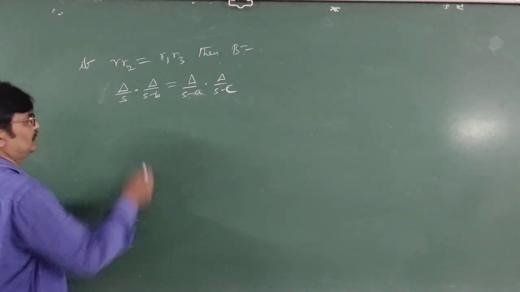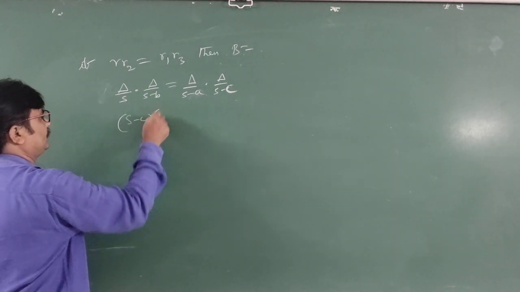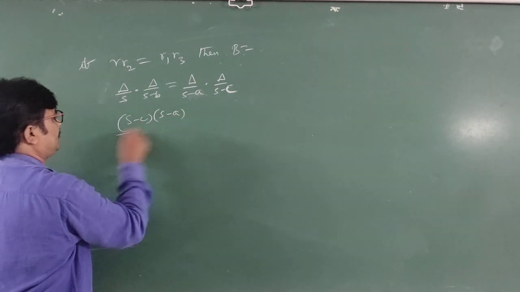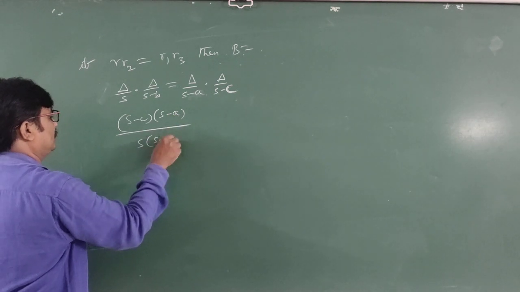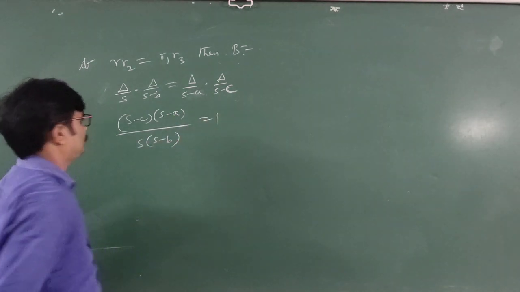So s minus c into s minus a upon s into s minus b equals 1.